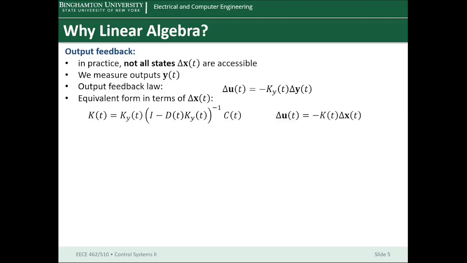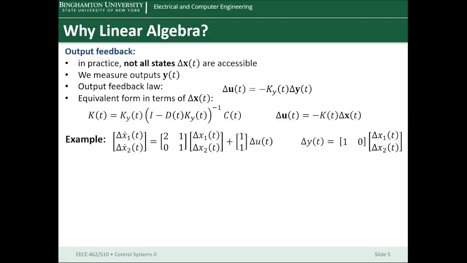Let's see a very simple example. Suppose we have a two-state linear system where the output depends only on the state, not directly on control. So in the general form, the output equation is delta y equals C delta x plus D delta u. Here, D equals 0.